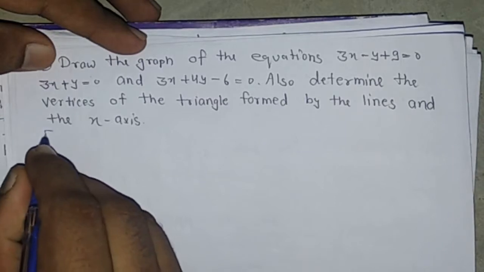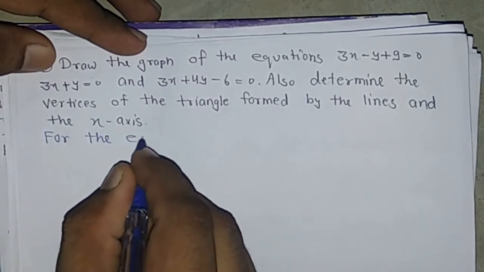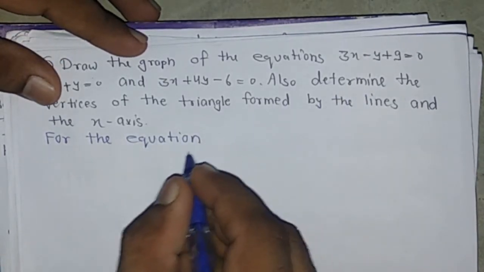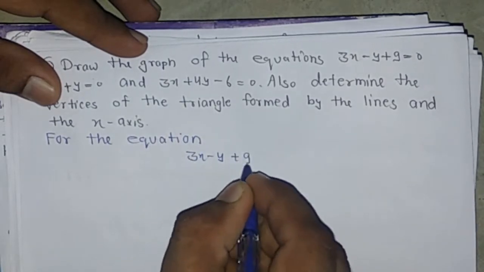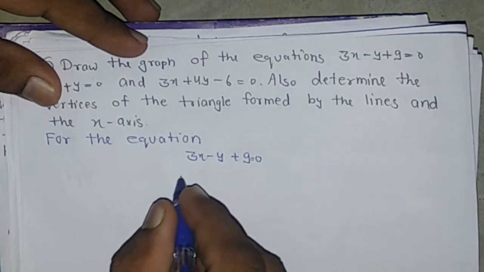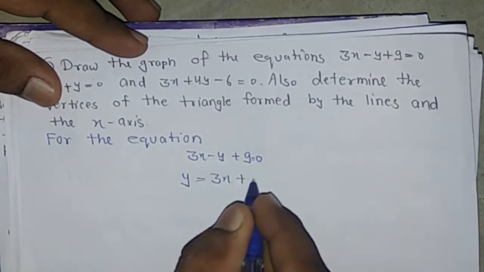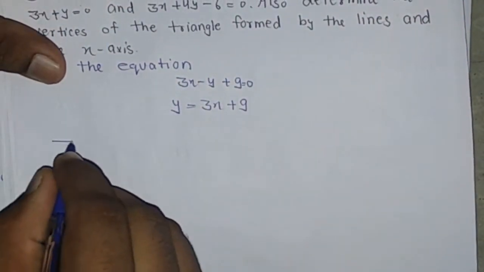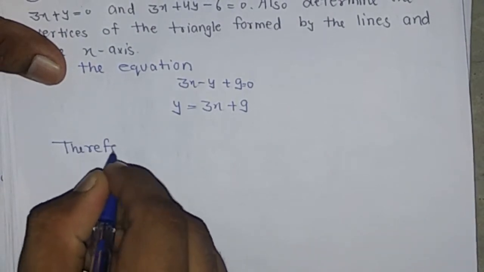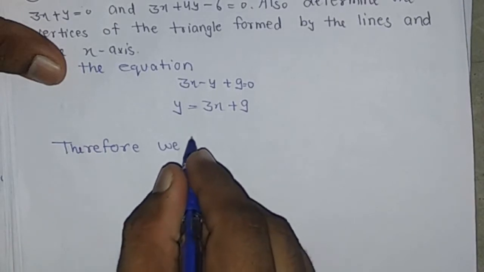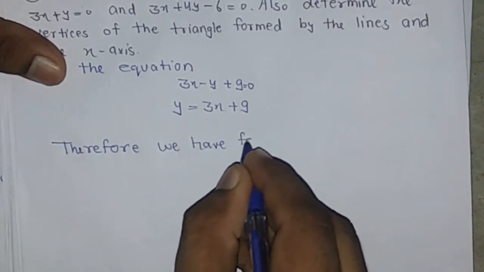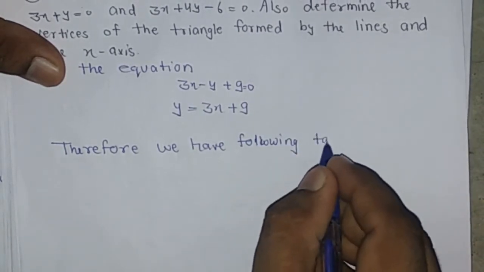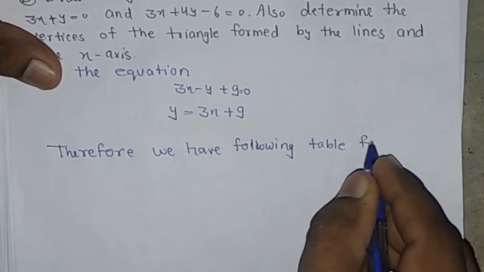Now for the equation 3x minus y plus 9 equals 0, we have y equal 3x plus 9, therefore we have the following table for y.